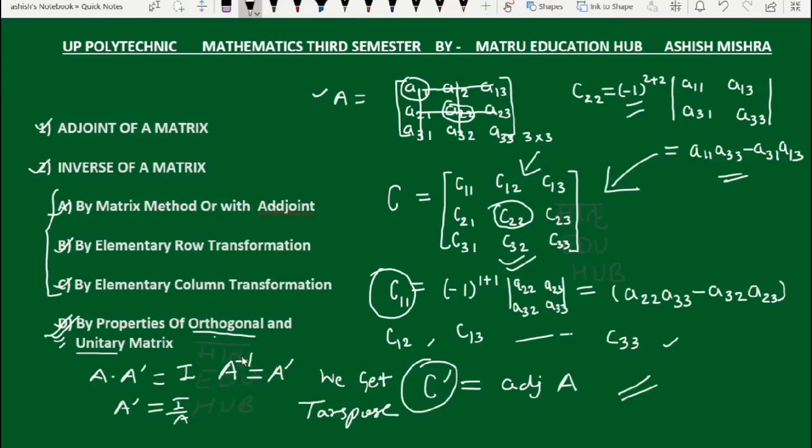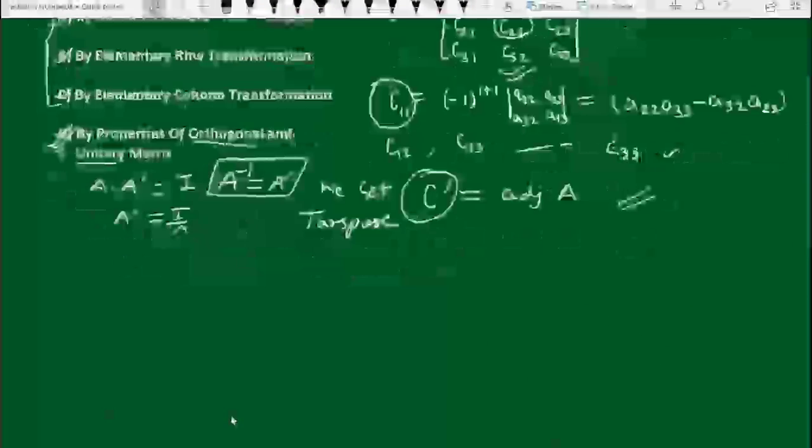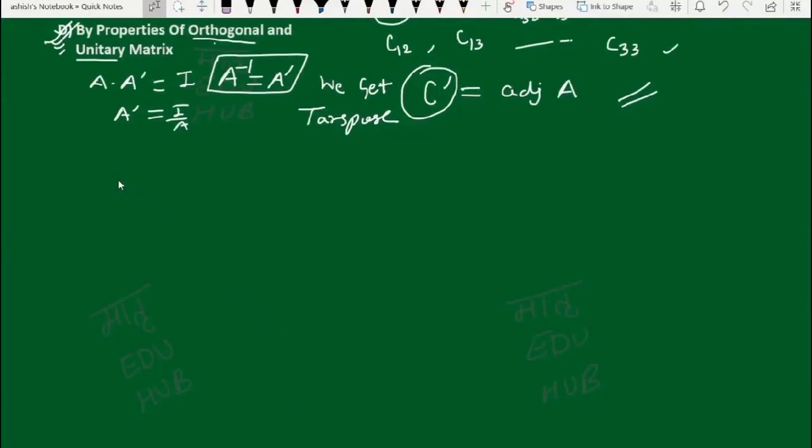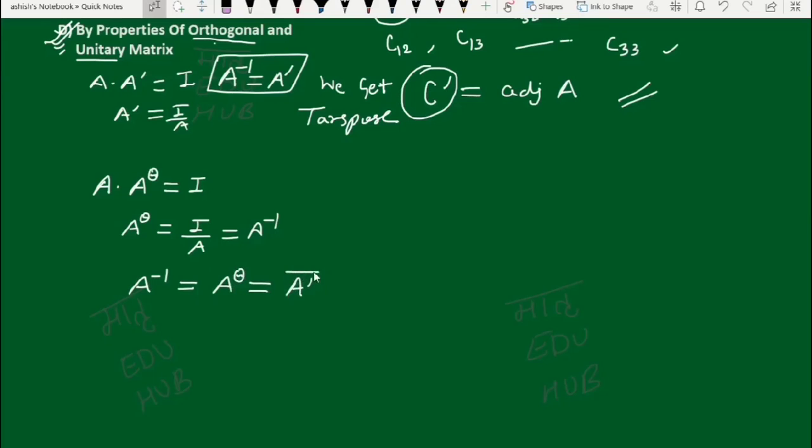The inverse of a unitary matrix is equal to the conjugate transpose of the matrix, that is A dash bar.